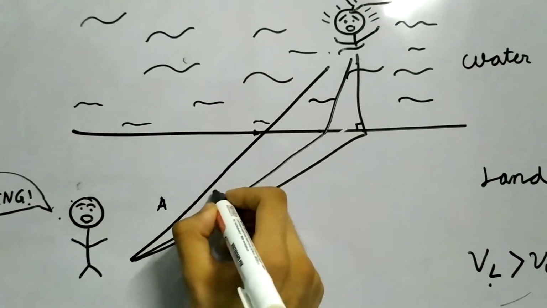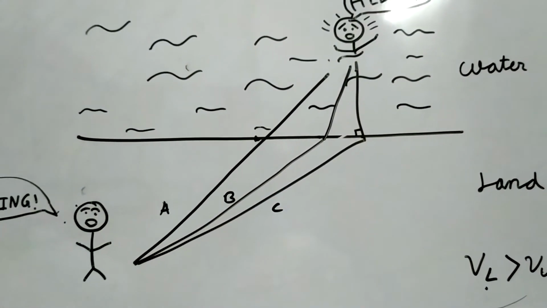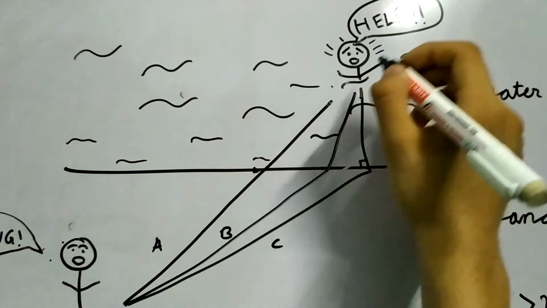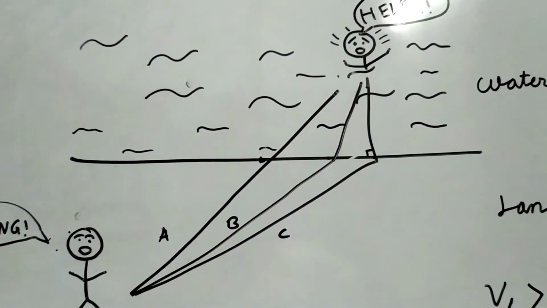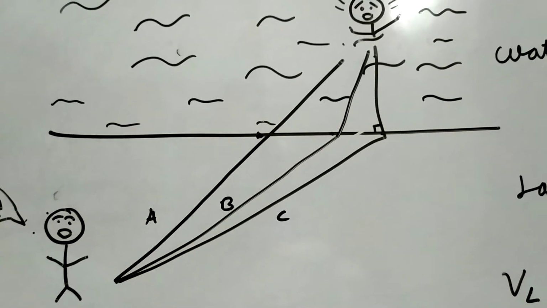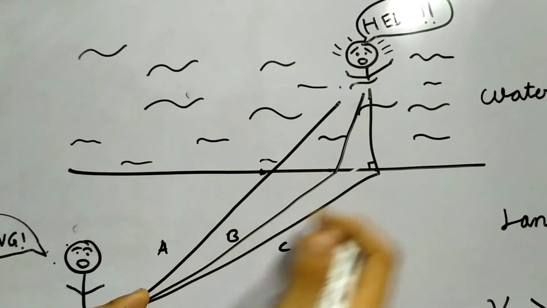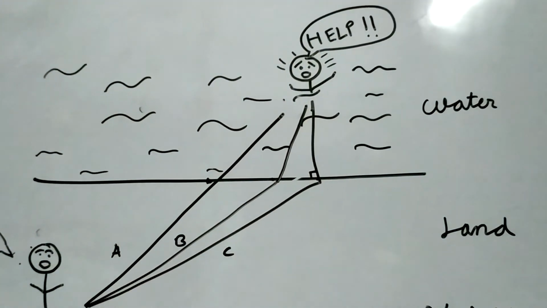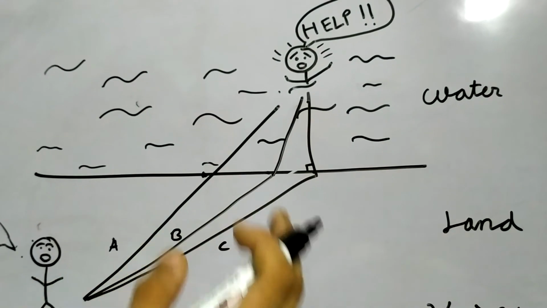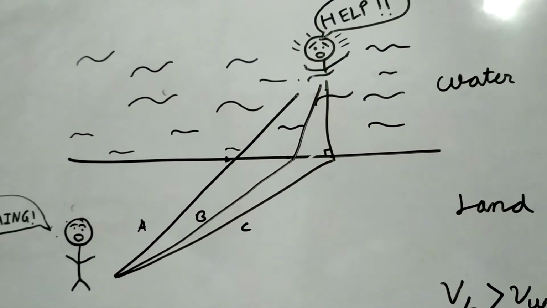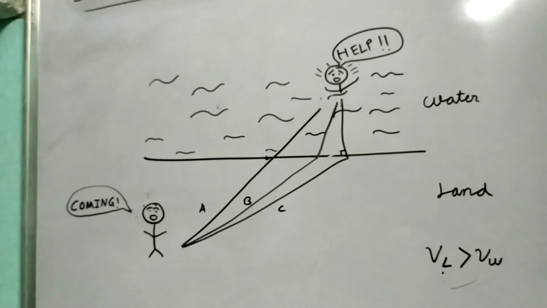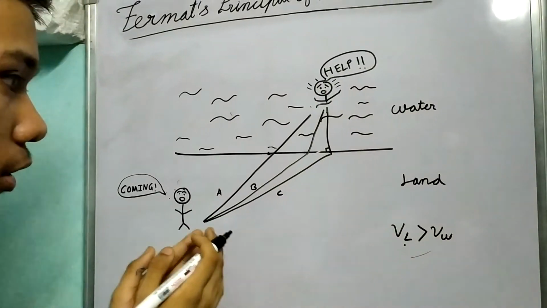Path A, path B, or path C? You cannot choose path A because it takes time again. What about path C? This time again it's longer because you are traveling a lot longer distance on land. You need a trade-off between these. You choose path B.